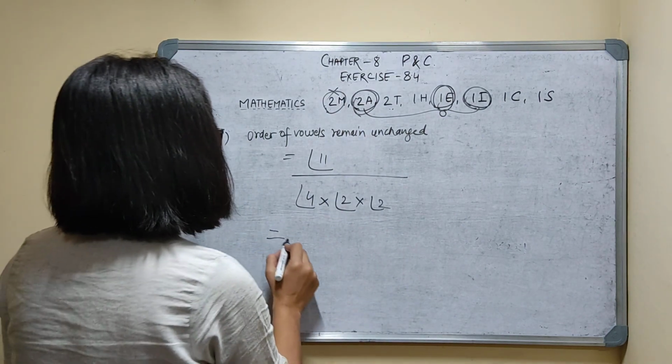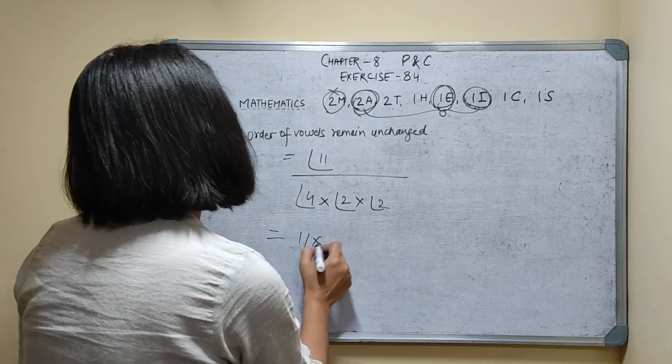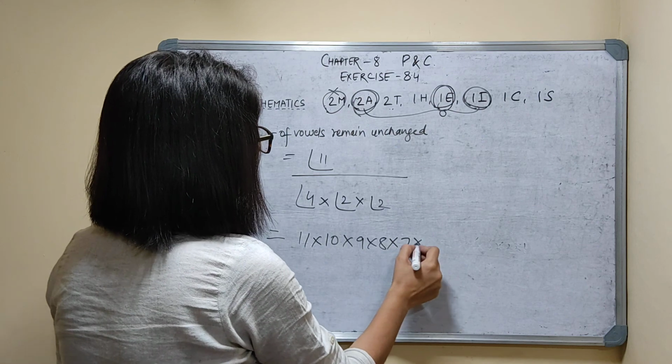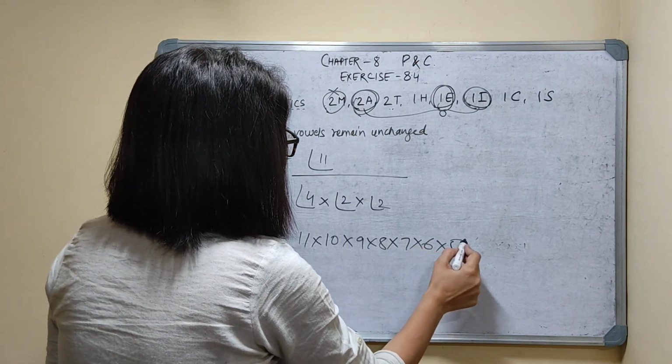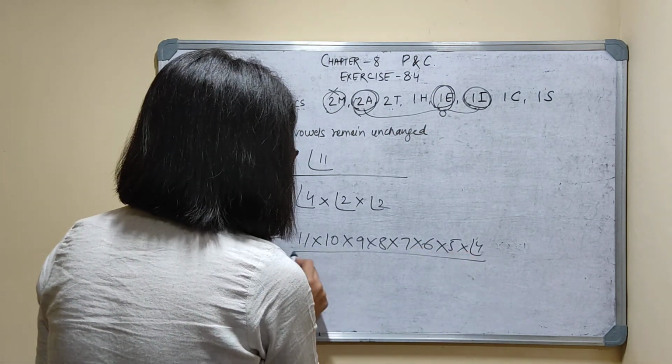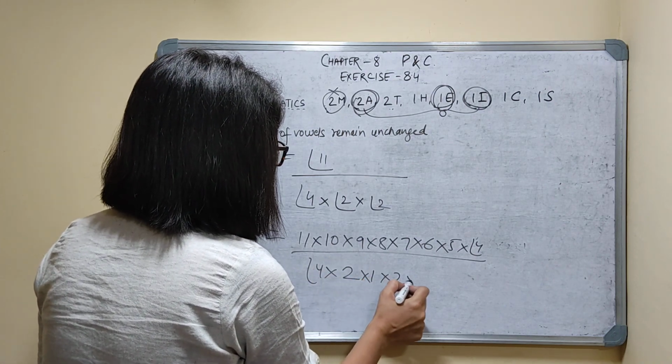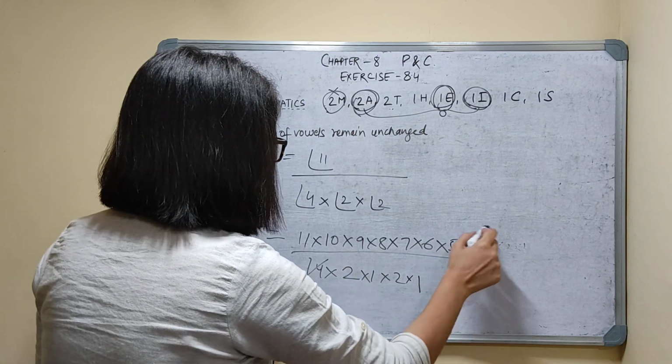So when you solve: 11 into 10 into 9 into 8 into 7 into 6 into 5 into factorial 4 upon factorial 4 factorial 2, I am writing 2 into 1 into 2 into 1. Factorial 4 cancels.